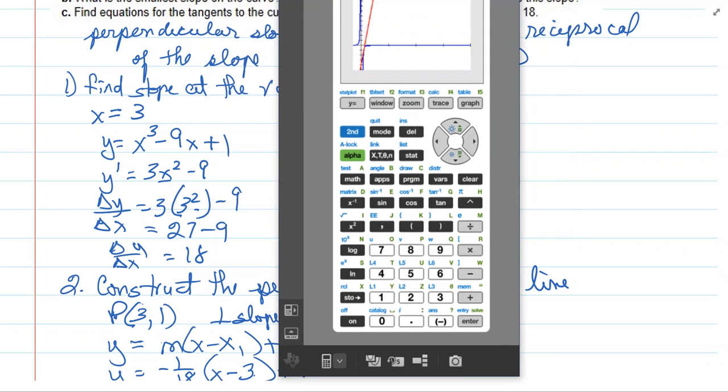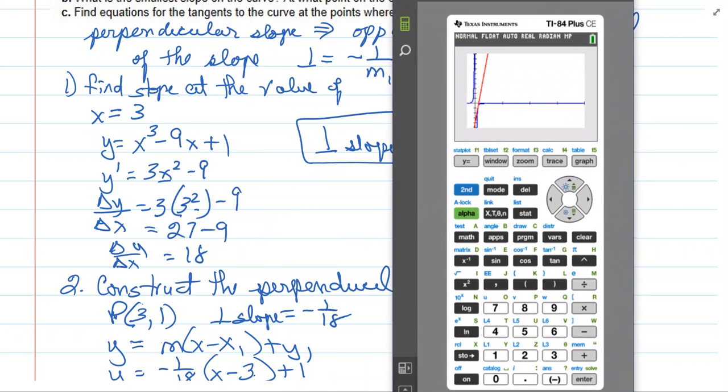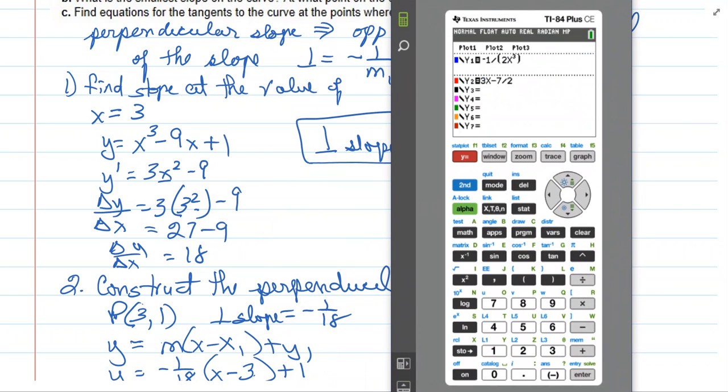So we want to go to our y equals and clear out anything I have there, which is quite a bit, isn't it? And I'll put in the original function, x cubed minus 9 plus 1. All right. Oops, forgot about that. Let me clear it.